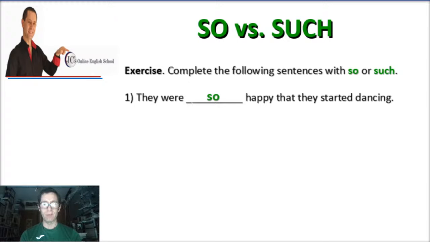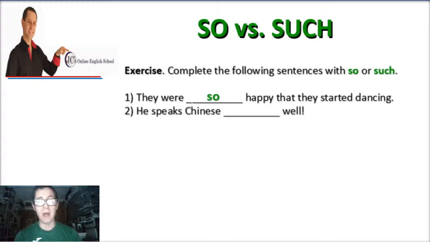Rosa, Gustavo, and Haider, you are totally right. They were so happy because we have so plus an adjective. That's very easy. Number two: he speaks Chinese. Well, is it so or such? Very easy. Is it so or such? He speaks Chinese.